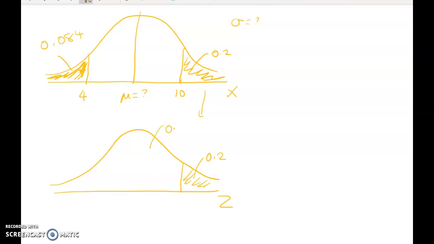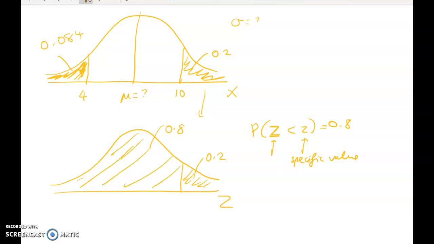Well, that means I've got to have 0.8 here. So I'm looking to find this: the probability that Z is less than little z is equal to 0.8. Now the big Z, by the way, is when we're saying this is the random variable, right? And this is a specific value. So we're trying to find what is that specific value that's going to cut off 80% here.